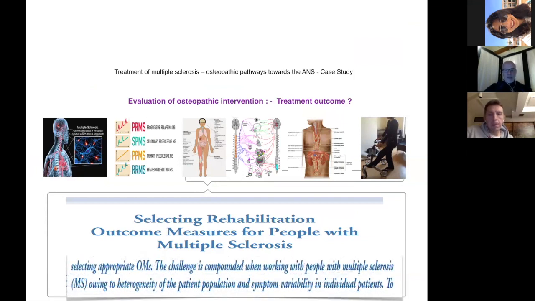The challenges compound when working with people with multiple sclerosis owing to the heterogeneity of the patient population and symptom variability in individual patients. Well, that really ties in with our philosophy in osteopathy. We work with the individual patient, and the dynamics of our treatment reflects that too.